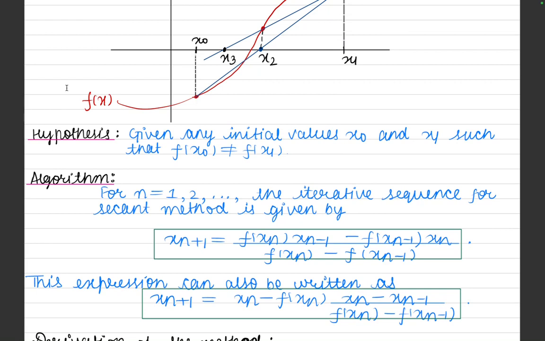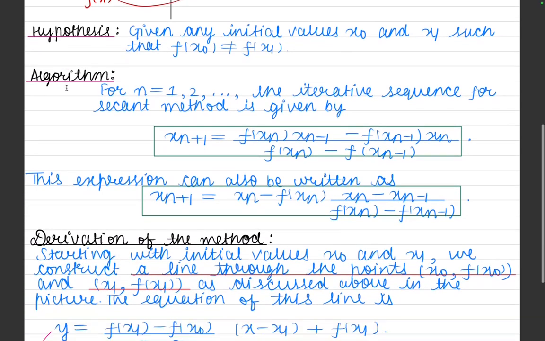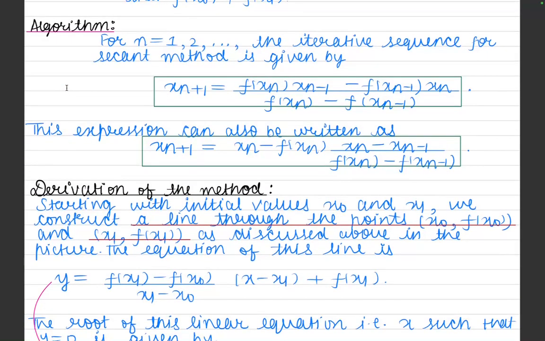This expression can also be written as x n plus 1 equal to x n minus f of x n times x n minus x n minus 1, upon f of x n minus f of x n minus 1. So these two are the same equation.